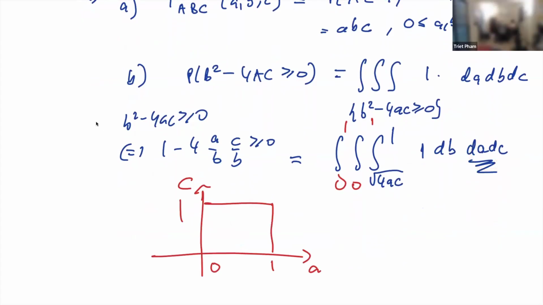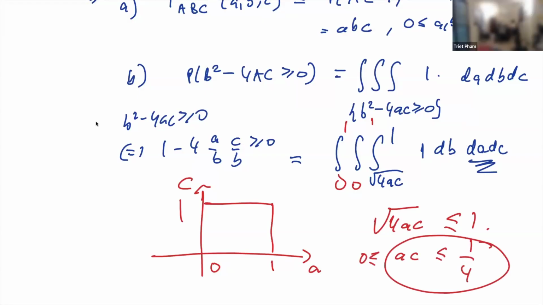Well, when you do the integral of dB from square root 4AC to 1, what does that imply? That this must be less than or equal to 1. In other words, AC is less than or equal to 1 over 4.